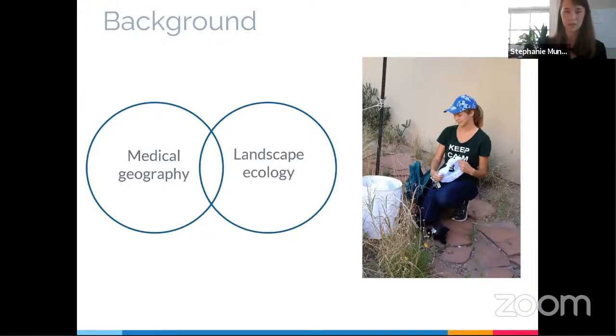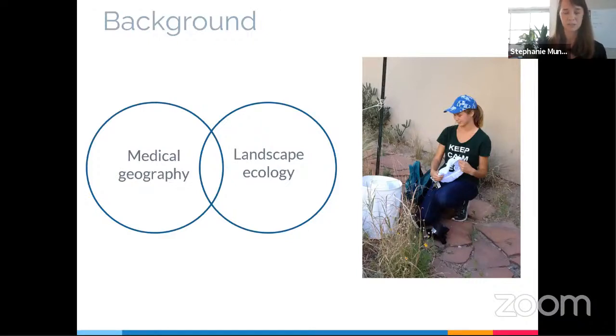Like Dr. Binford said, I have studied geography and biology, but more specifically, I tend to draw from methods in landscape ecology. So I'm really interested in how factors such as land cover composition and land cover configuration influence arthropods specifically. And I get even more excited when those are arthropods that happen to transmit horrible diseases.